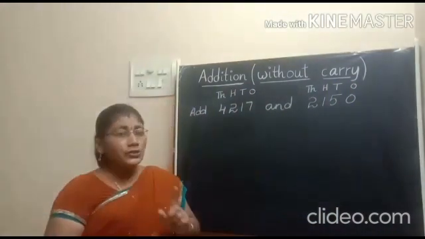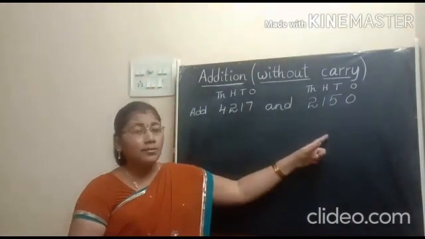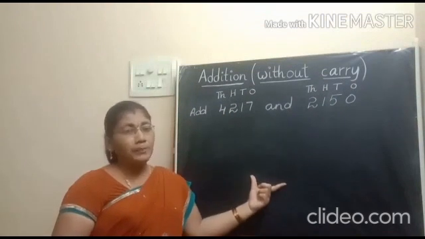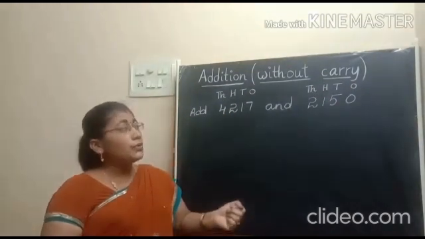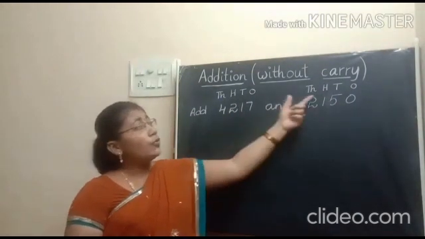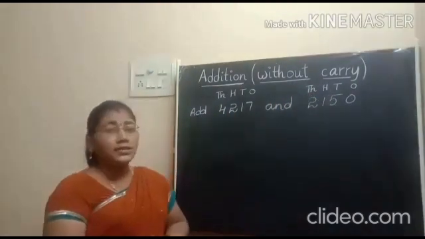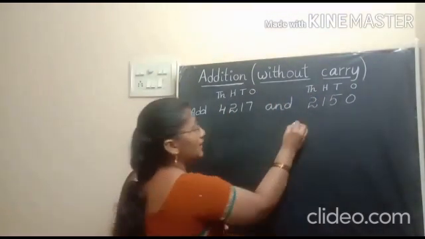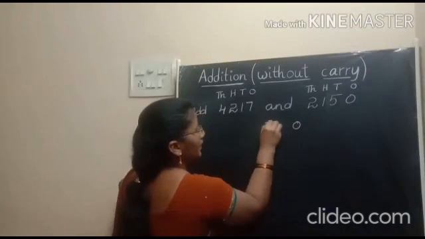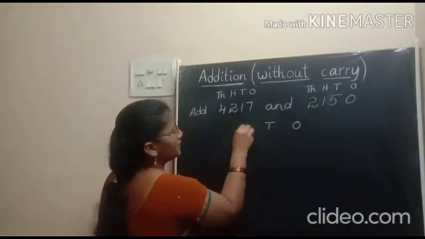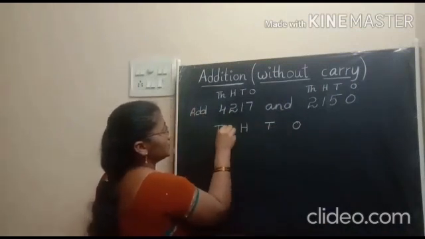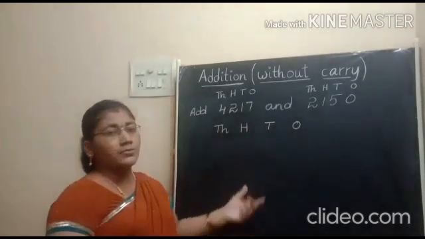Now we should arrange these two numbers according to the places. These are also called columns.